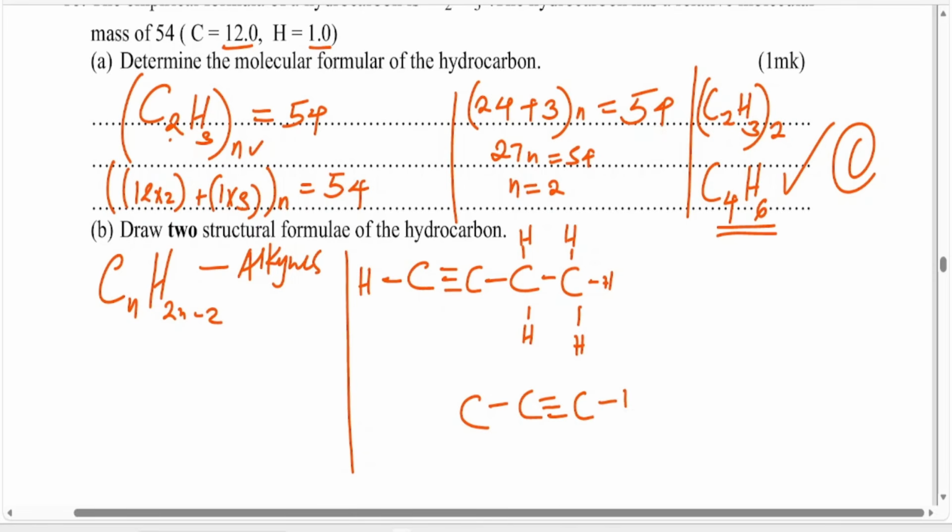Then we have hydrogen, hydrogen, hydrogen, hydrogen, and again, remember the carbons are supposed to have 4 bonds. So we have hydrogen, hydrogen, hydrogen. That is the second structural formula of the hydrocarbon.